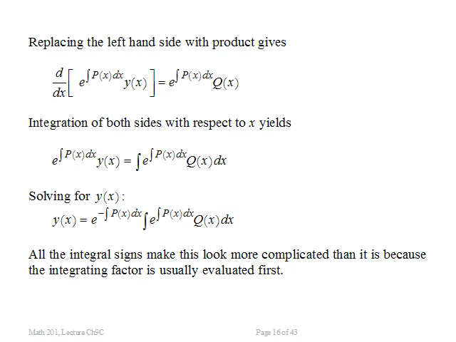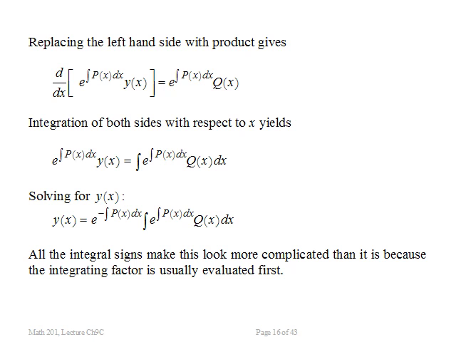Now we replace the left-hand side with this product: the derivative with respect to x of e to the integral of p of x dx times y of x equals that integrating factor times q of x. Wow, and this is what I talked about, that this integrating factor makes things separable.